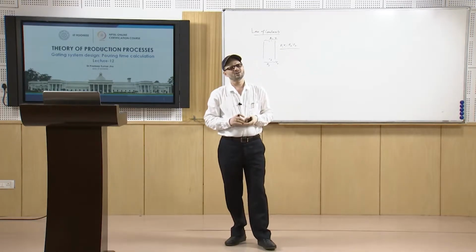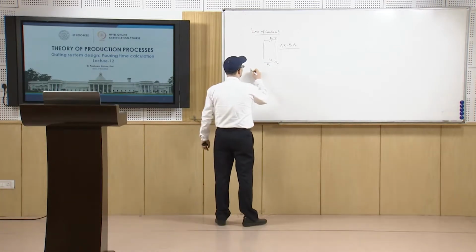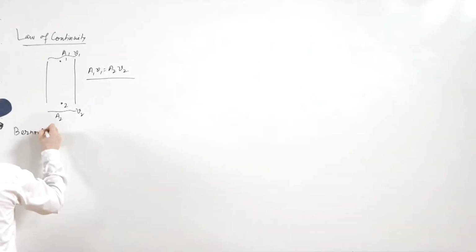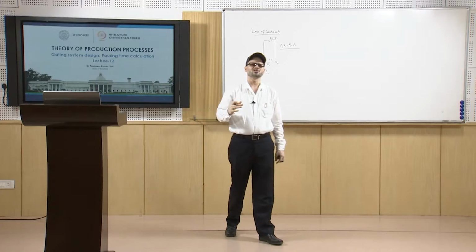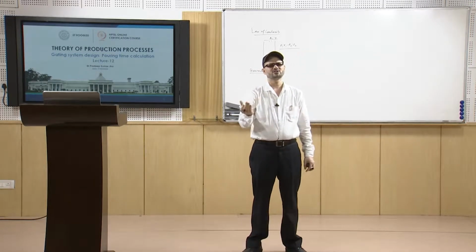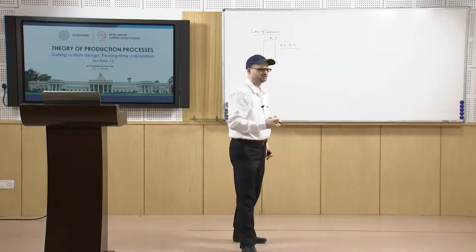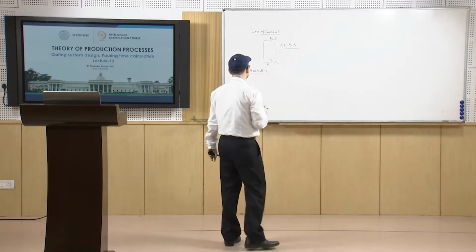In Bernoulli's equation, the total energy will be constant. You have three kinds of energy terms: the potential energy term, the kinetic energy term, and the pressure energy term.